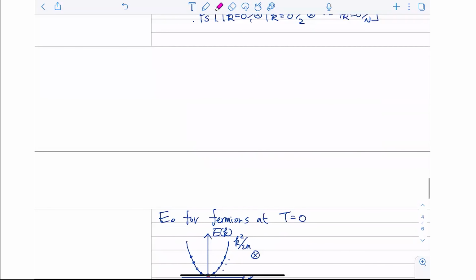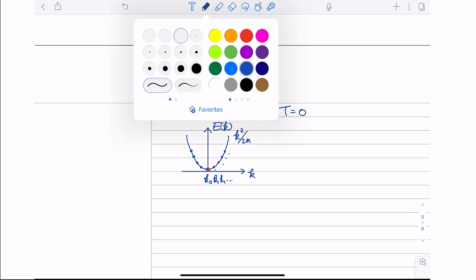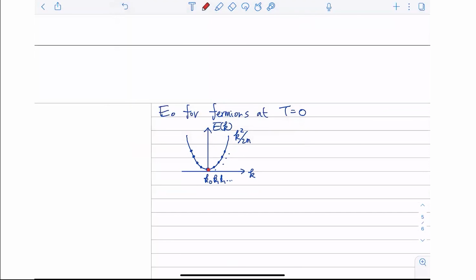Therefore, the rule to construct the many-body wave function tells us that we need to fill the energy levels one by one. So what that means is that once we put the first particle at the lowest energy, the second particle cannot occupy the same state.